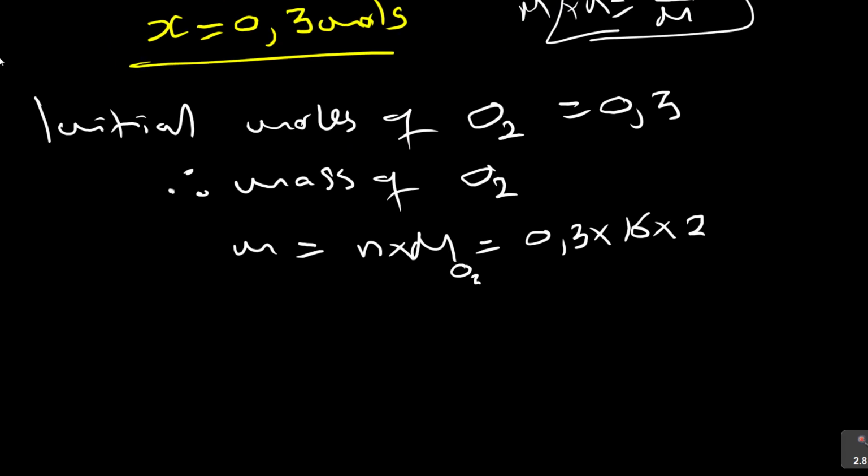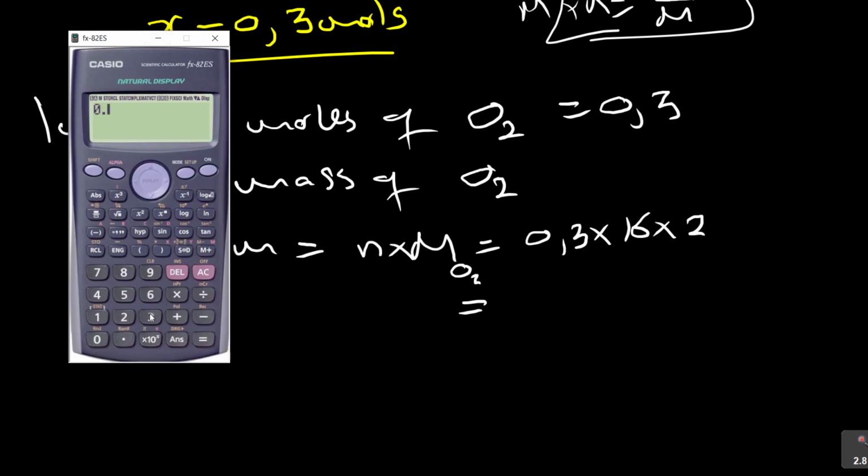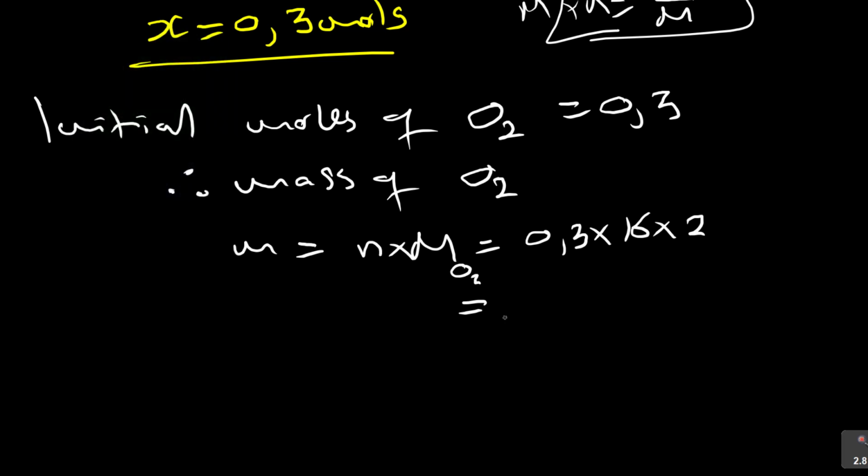Oxygen is 16, remember. You just have to use your periodic table there, but getting used to that, it is times 16 times 2, and the answer is not 16 comma 2, 16 times 2, the answer is 9,6 grams. Alright, so that is then the answer for that.